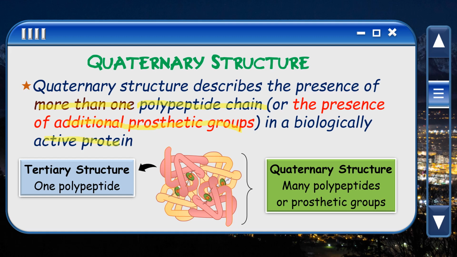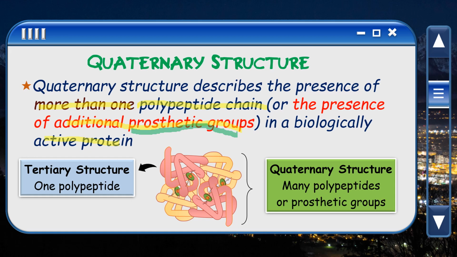So in a quaternary structure, we have different polypeptide chains which come and join together and form what we are calling a quaternary structure. Or sometimes there might be what we are referring to as a prosthetic group. This is a structure which is not part of the protein.